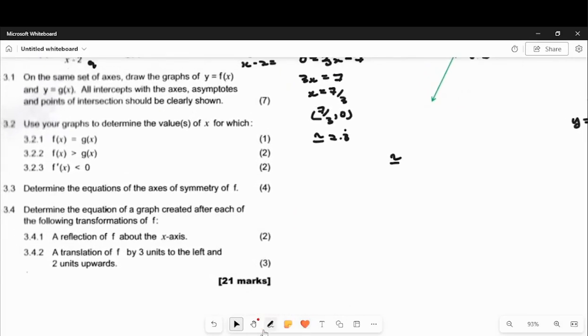Now question number 2: use your graphs to determine the values of x for which f of x is equal to g of x.